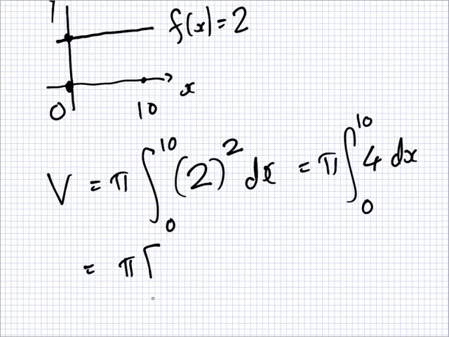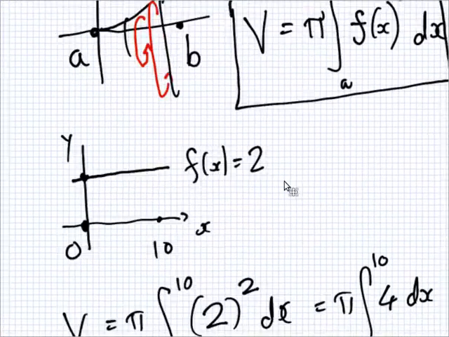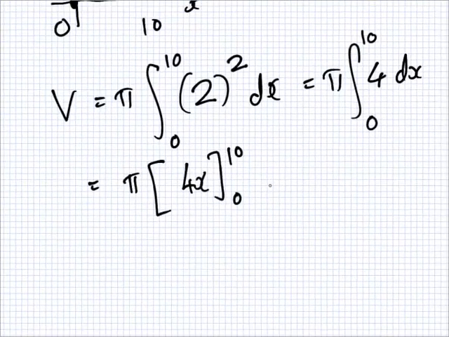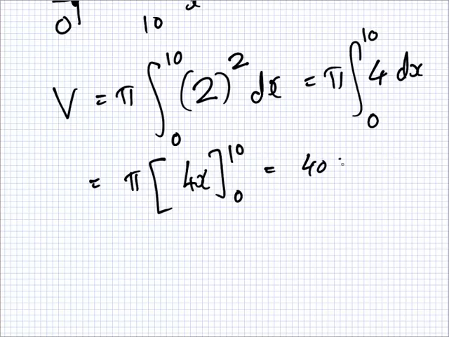What do I get when I integrate 4? 4x, 0 to 10. Oh, sorry, it wasn't 400 pi, it was 40 pi. If I put in that, I get 40 pi, which is right. I accidentally said 400. It was my mistake, I didn't mean 400 pi, it's 40 pi. So 40 pi is the volume.